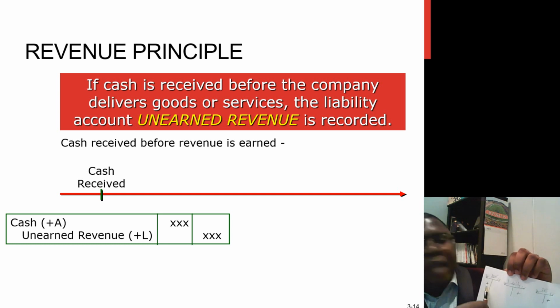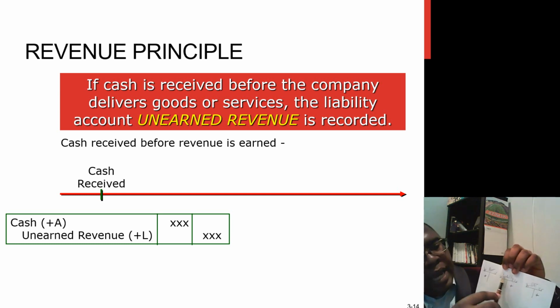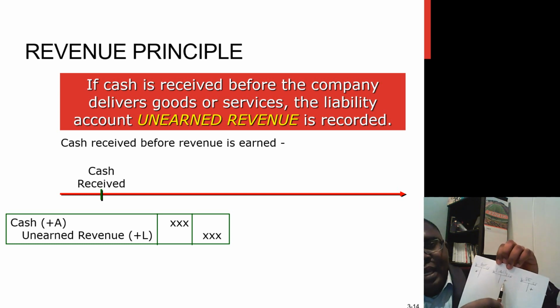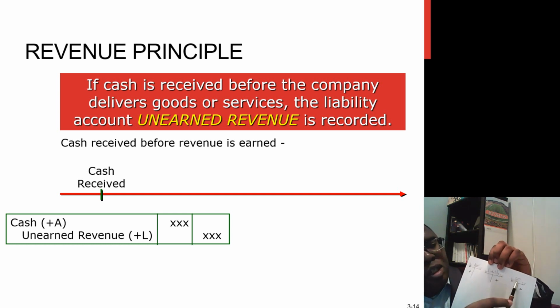So by a debit balance, we imply that increases in assets are recorded on the debit side. Liabilities take a credit balance. So an increase in liability in the company will be recorded on the credit side, and stockholders' equity takes a credit balance. So increases in stockholders' equity will be recorded on the credit side.